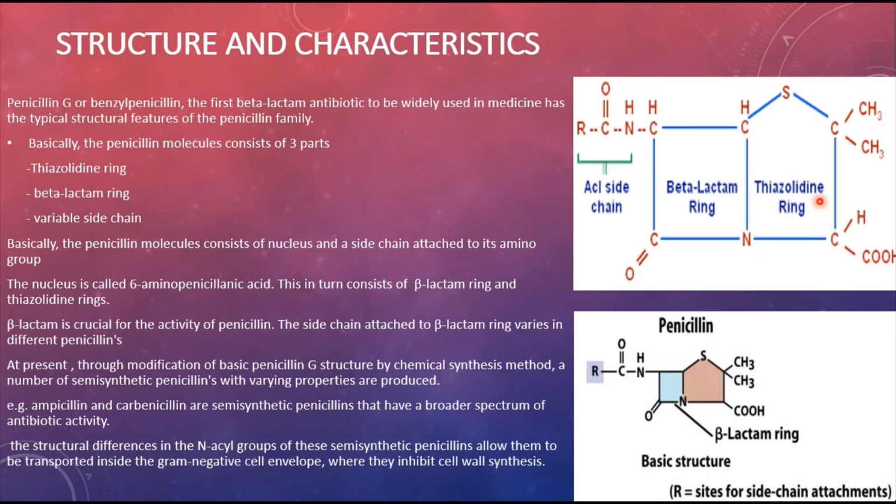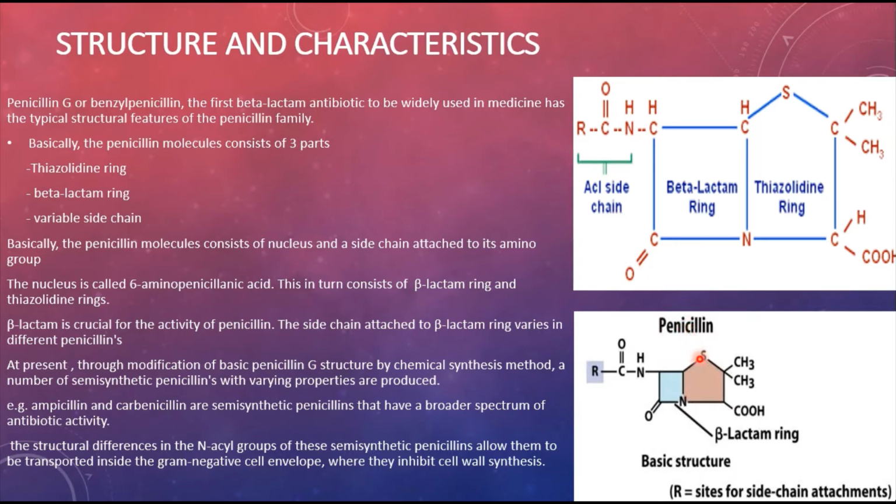The first is the thiazolidine ring, the second is the beta-lactam ring, which is very important in the activity of the drug, and the third is the acyl side chain, or the variable side chain.